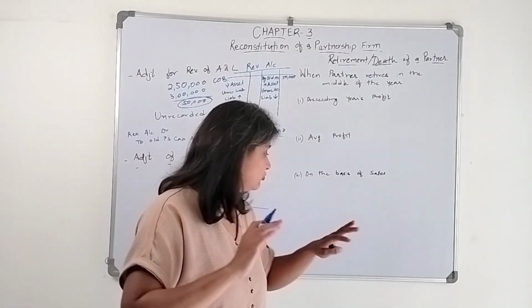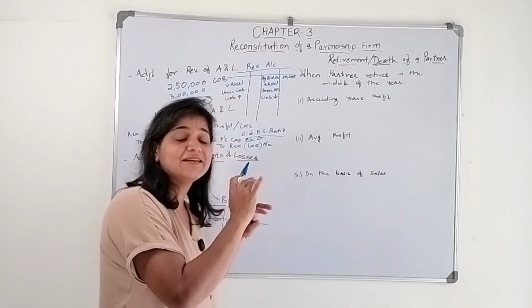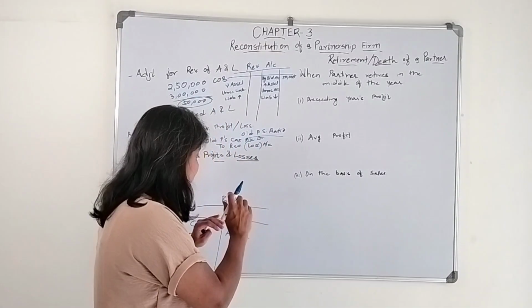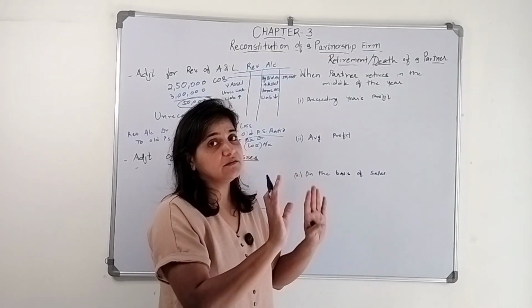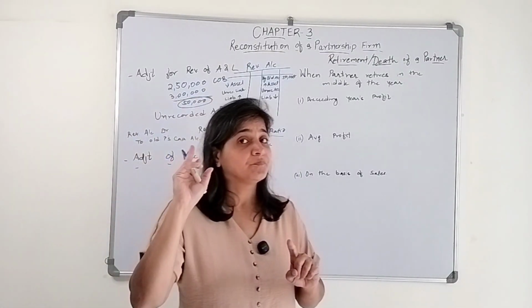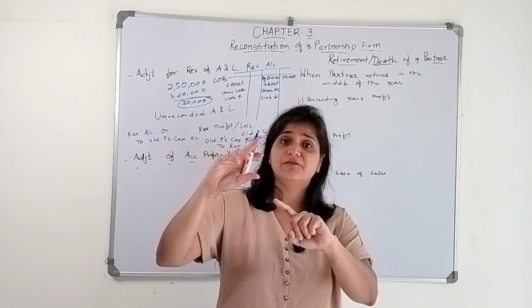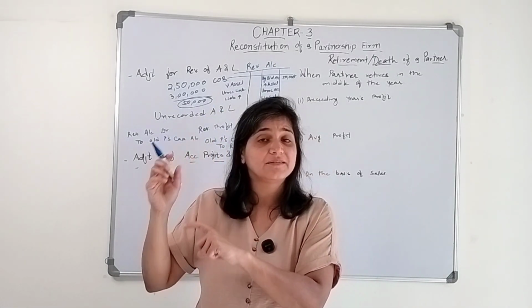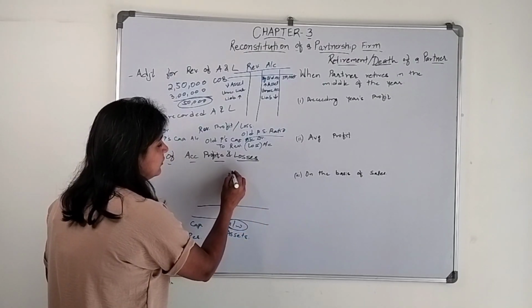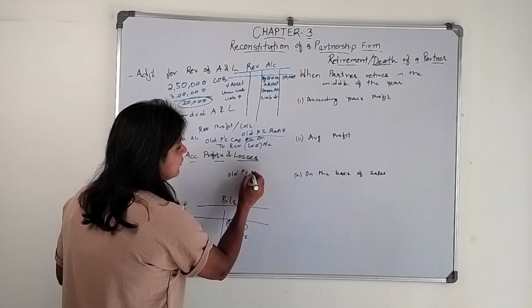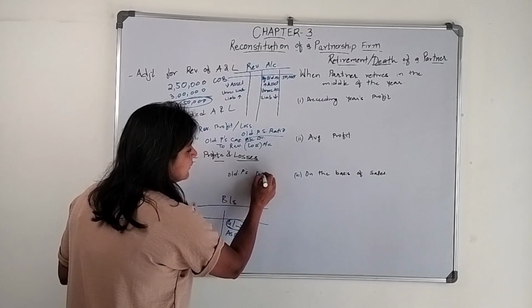We will close this particular account because this is an existing goodwill, a purchased goodwill, which we need to distribute among the old partners in their old profit sharing ratio. The premium of goodwill which the retiring partner will receive will be given to the retiring partner by the old partners who are going to gain, in their gaining ratio.